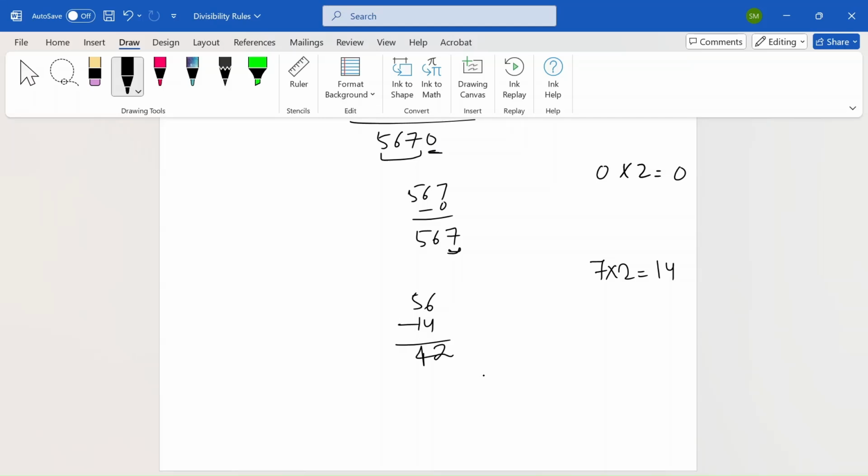All right. So now can you figure out 7 6s are 42. So, as this number is divisible by 7, we can easily tell that 42 is divisible by 7. So, the entire number 56742 is also divisible by 7.